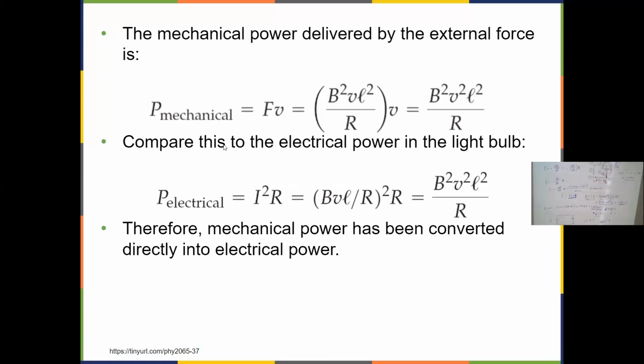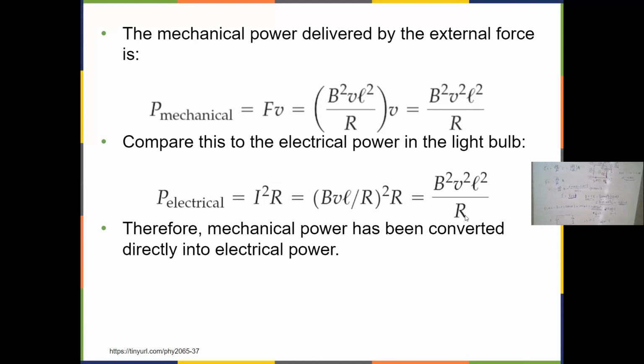Now, because you have induced current I in the loop, the light bulb will consume power due to the current going through it. That should be equal to I squared times R, if R is the resistance of the light bulb. So I is equal to epsilon, and epsilon is equal to BVL, right? And then I is equal to epsilon divided by R. So if you square it times R, you'll see that the R squared in the denominator will cancel out one R, with one R remaining.